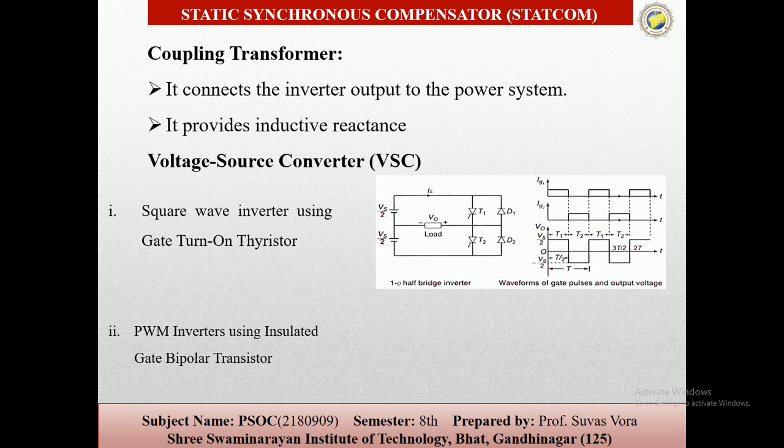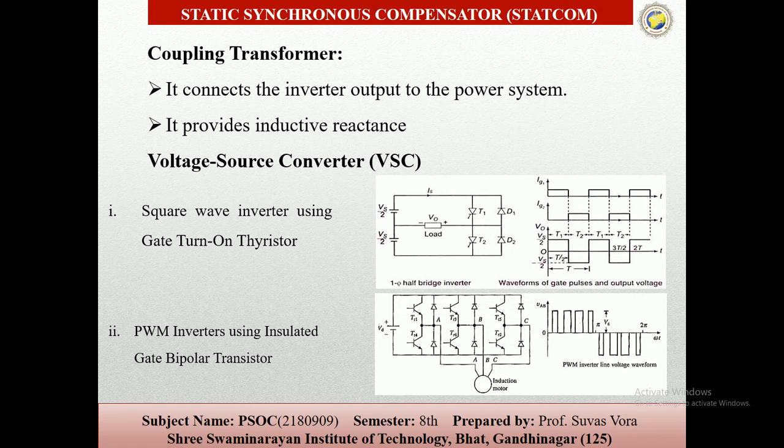The next one is the PWM inverters using the insulated gate bipolar transistor, which means the IGBT. It uses pulse width modulation to produce the sinusoidal voltage waveform from the DC voltage, and the IGBT based VSC is used with a fixed DC capacitor.